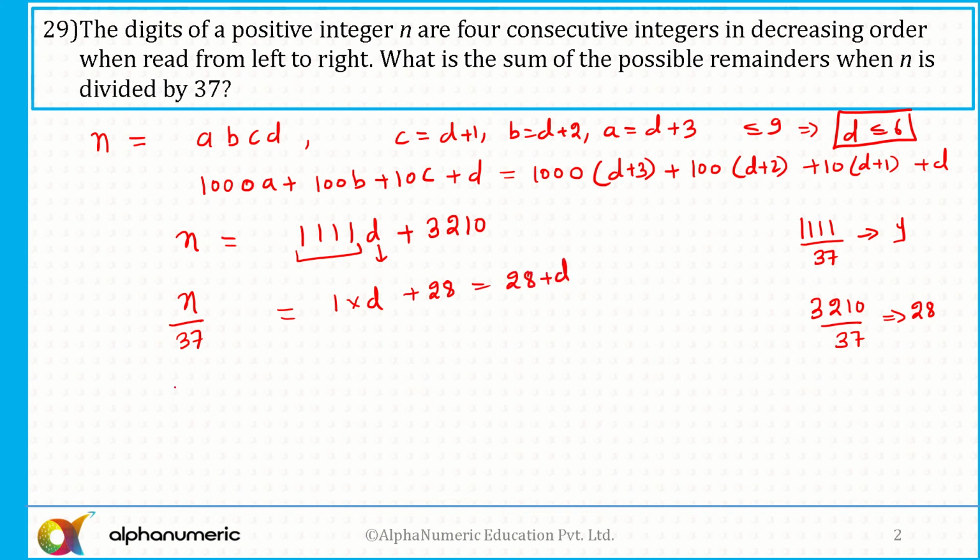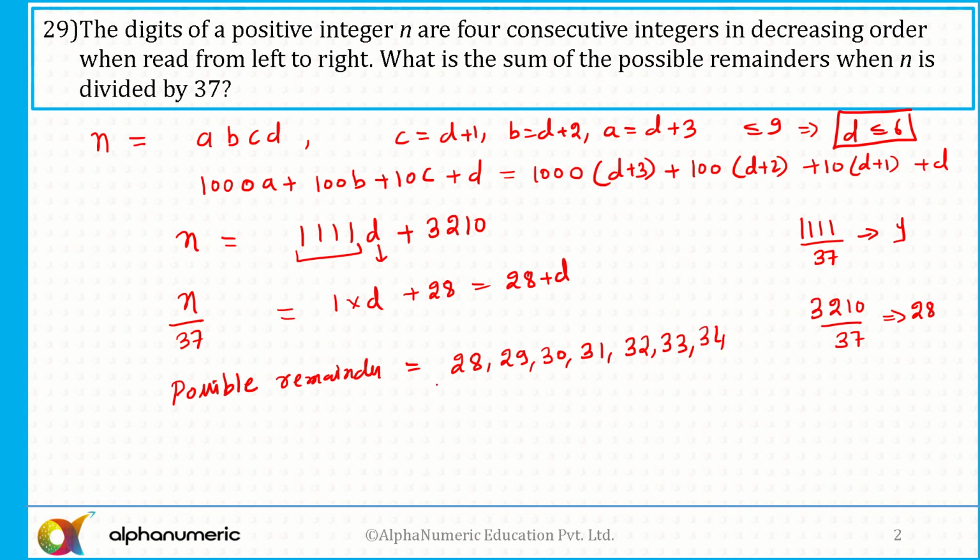So what are the possible remainders? It depends upon the value of D. Starting with D equal to 0, the remainder is 28. When D is 1, the remainder is 29. When D is 2, it is 30, at D equal to 3 it is 31, at D equal to 4 it is 32, then 33, and the maximum possible value of D is 6, so that is 28 plus 6, that is 34.